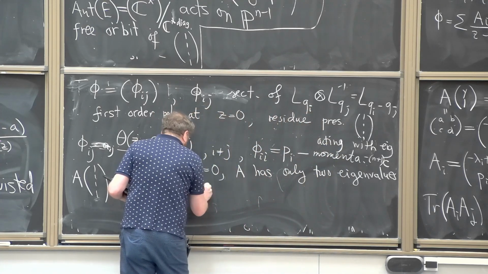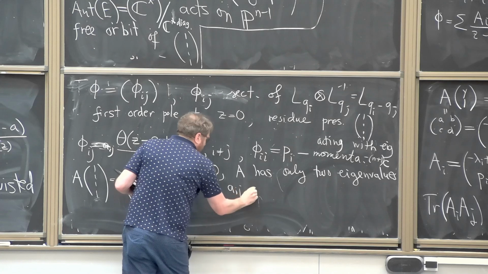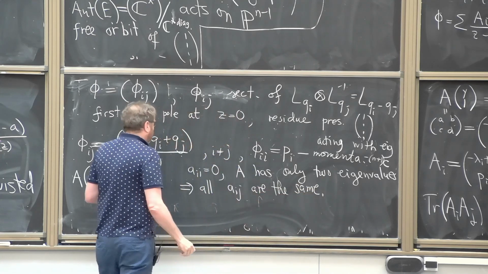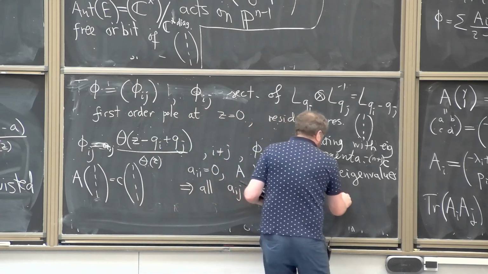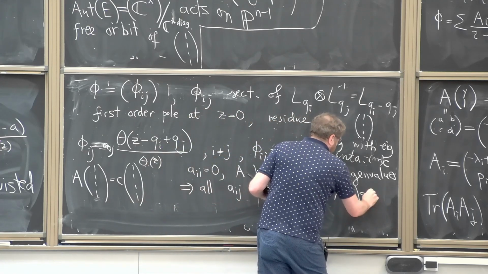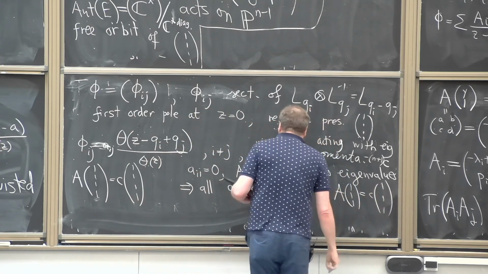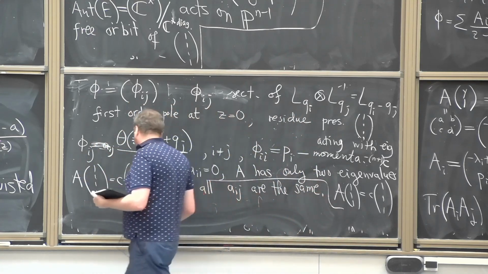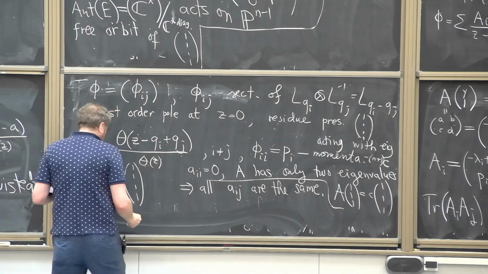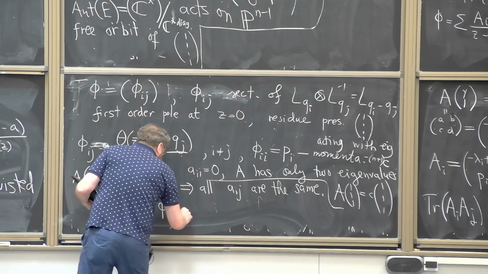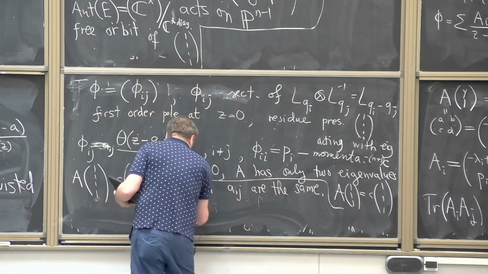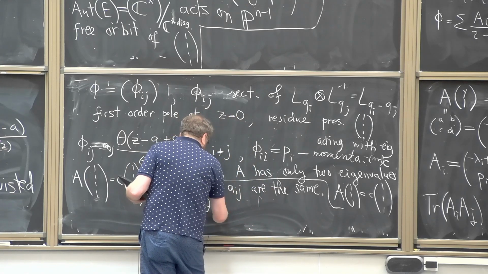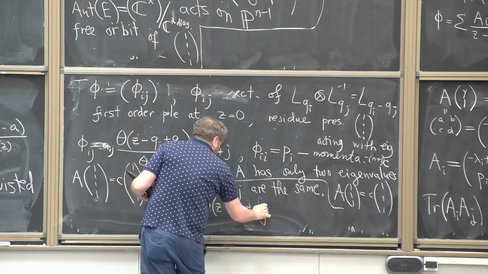So this means that all aij are the same. And A, if it preserves this line, then all elements are the same. So that's easy to check. And so what you get is that phi ij equals some constant, let me call it c, times theta of z minus qi plus qj over theta of z.